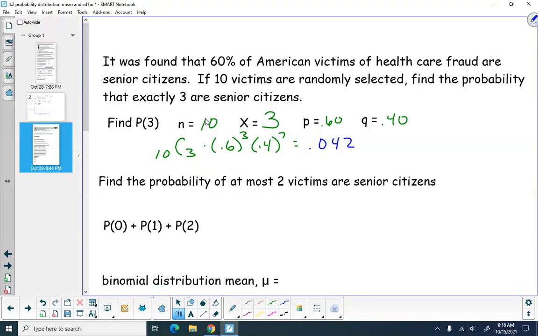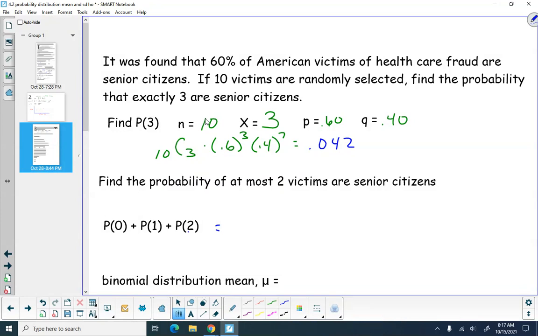0.042. All right. Probability that at most 2 victims are senior citizens. At most. That means we have the probability of 0 plus the probability of 1 plus the probability of 2. Now this is where we're going to go to the book, because I'm not going to want to do these. If I want to, I can do these calculations 3 times.